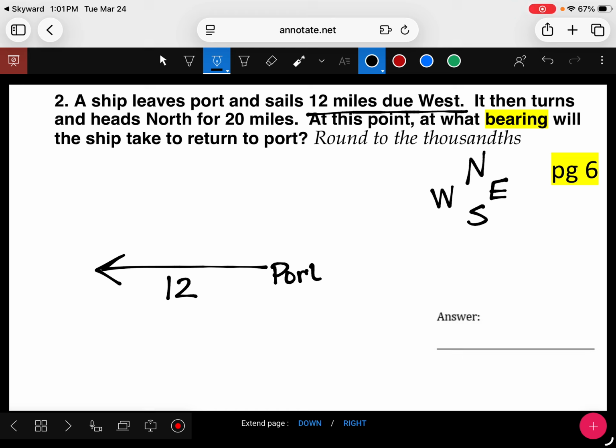It left the port, went 12 miles west, and then it turned and headed north, which is up 20 miles. So this is my ship. It's going to head on back. This is the bearing. Go ahead and find your bearing.